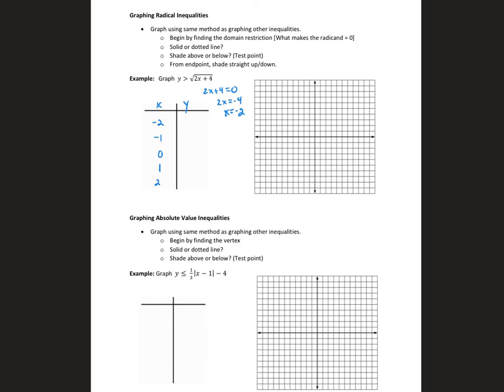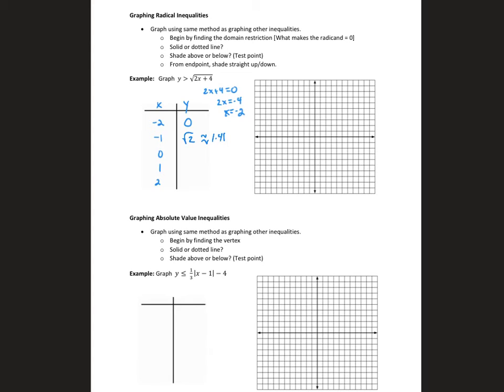Now, to figure out our corresponding y values, I'm going to start by plugging negative 2 into the original inequality for x. So 2 times negative 2 is negative 4, added to 4 is 0. The square root of 0 is 0. Plug in negative 1. 2 times negative 1 is negative 2, plus 4 is 2. And the square root of 2 is approximately 1.41.